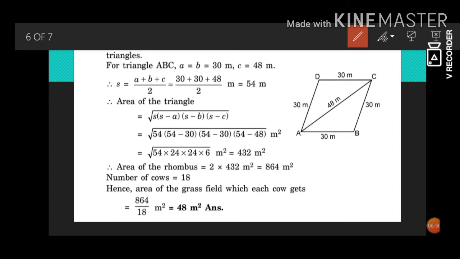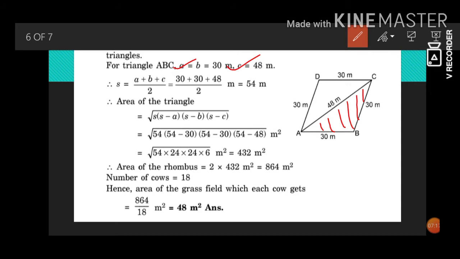So if we find the area of any one triangle, then we will multiply it by 2, as the measurements are all the same for both triangles. So first we will find the area of triangle ABC, that is this shaded part. Here AB and BC are of the same length, that is 30 meter, and AC is 48 meter.